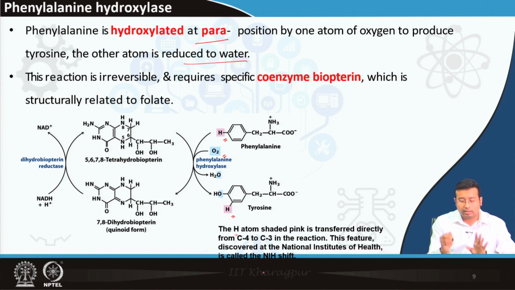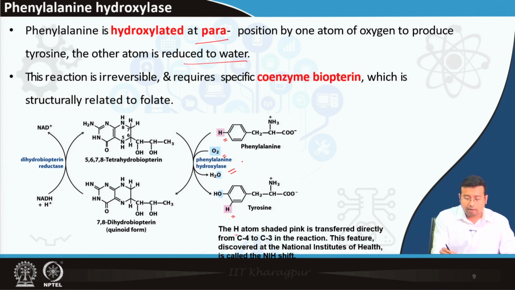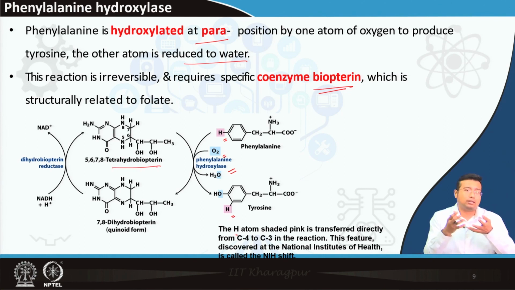What we need to know is the enzyme that is causing this is known as phenylalanine hydroxylase, and that enzyme requires a coenzyme, which is biopterin, in the form of tetrahydrobiopterin. This is very much similar in structure to folic acid, okay.